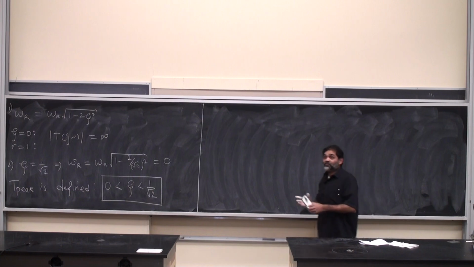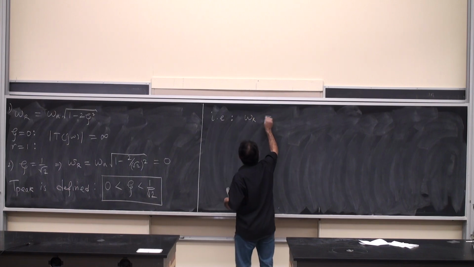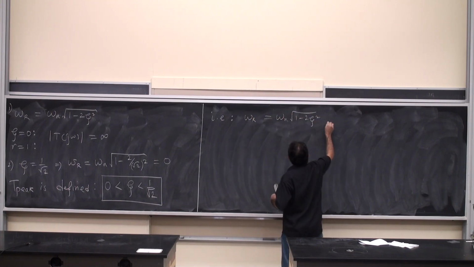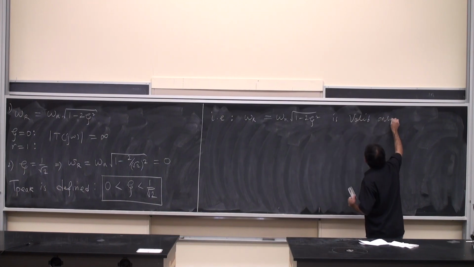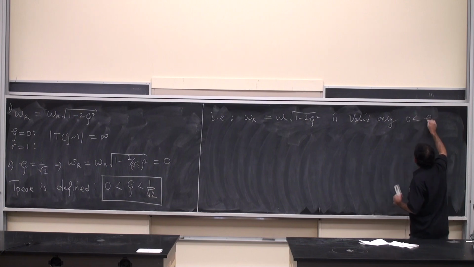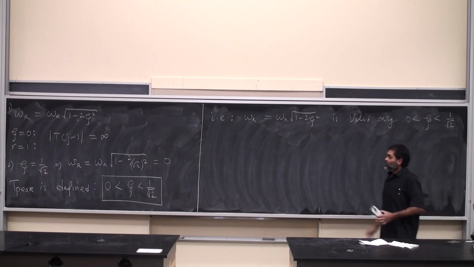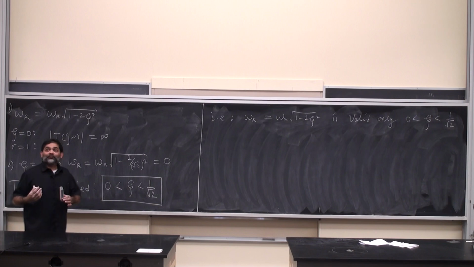That is, you can define a resonant frequency only within this range. Omega r is valid only for this particular range. If you go past this range, then there is no meaning for this term resonant frequency, because there is no resonant phenomenon taking place.